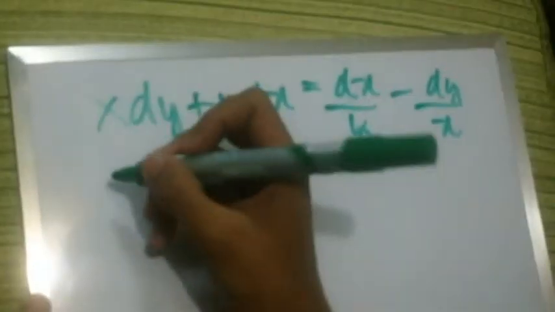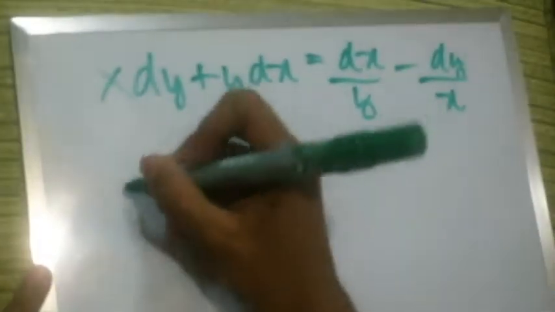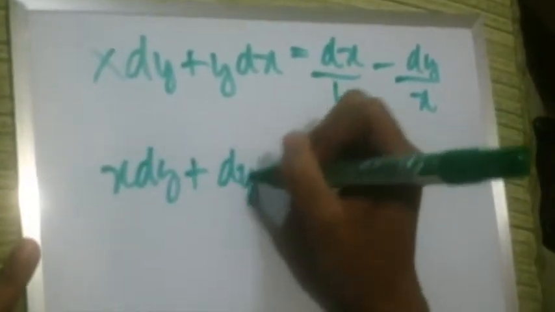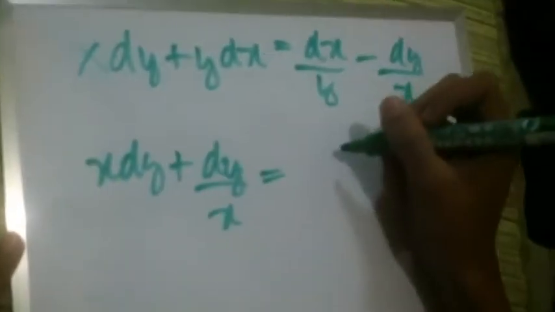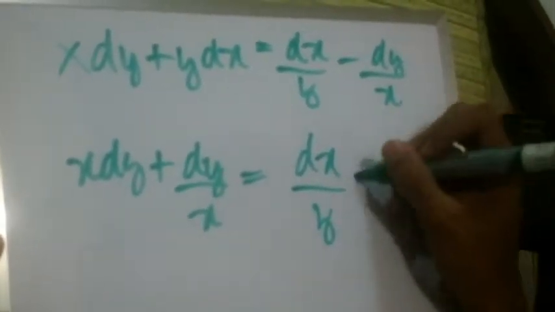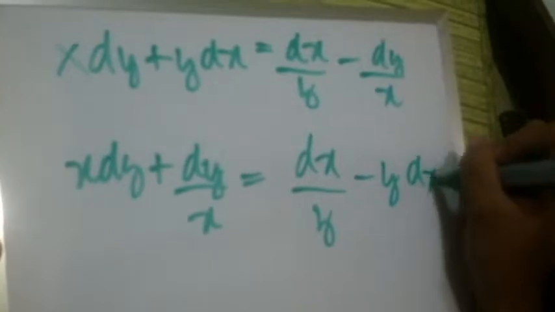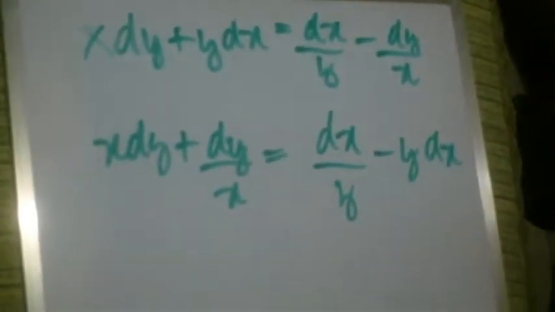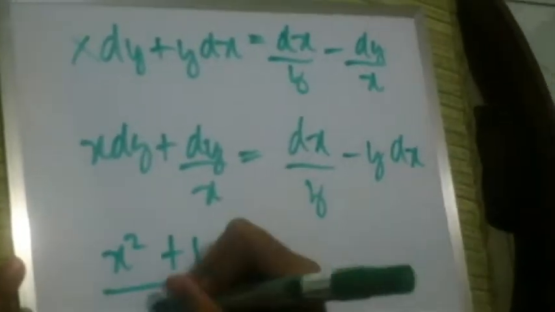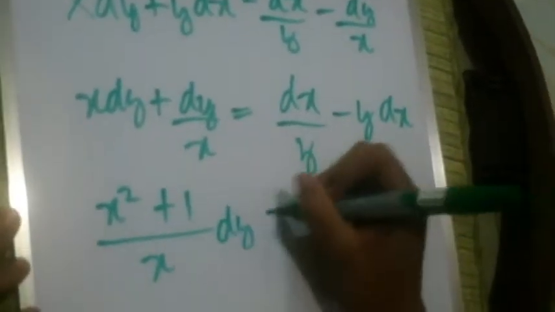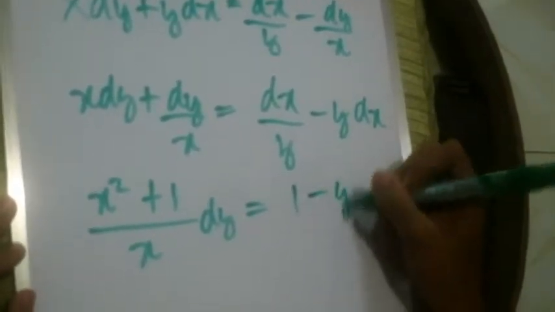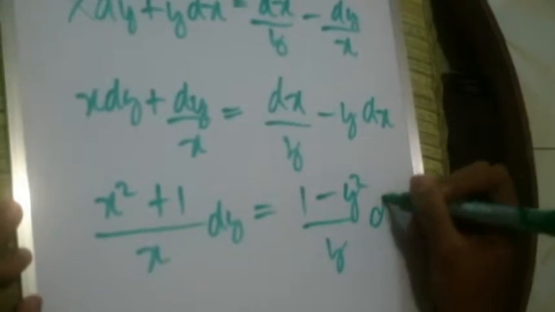We then group them according to the same variables: x dy plus dy over x equals dx over y minus y dx. Then simplifying, (x squared plus 1) over x dy is equal to (1 minus y squared) over y dx.